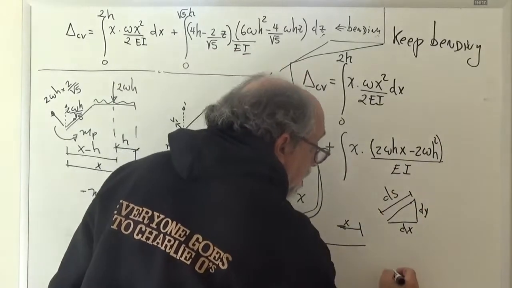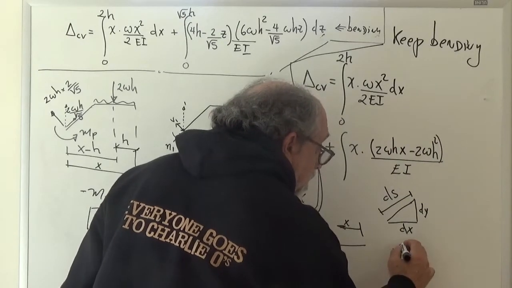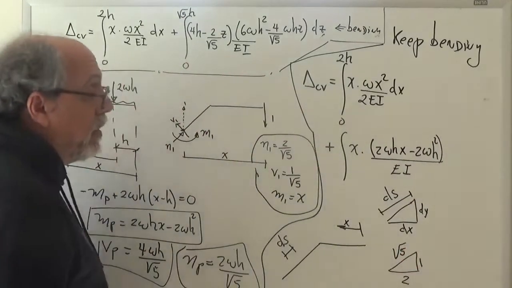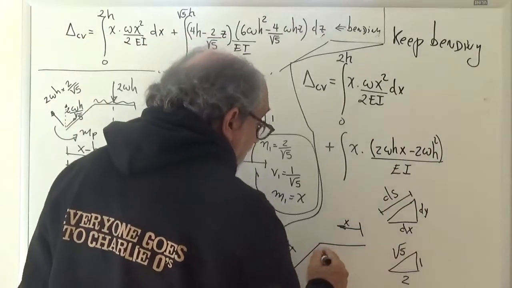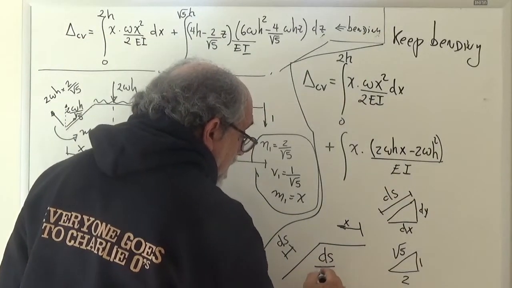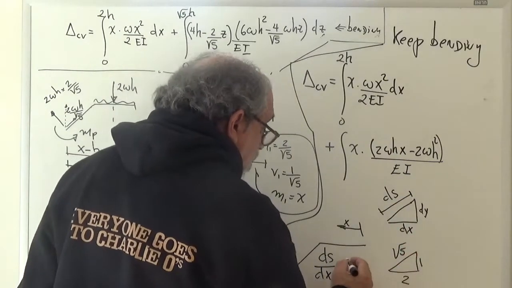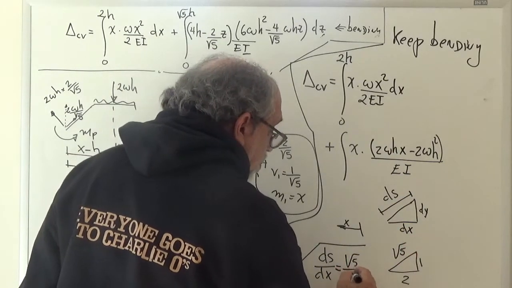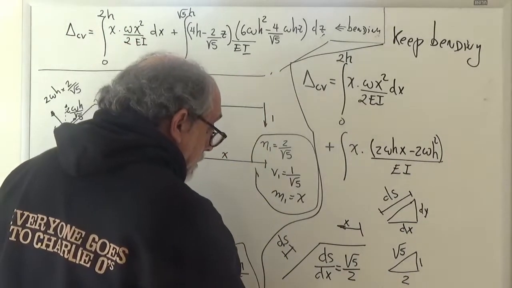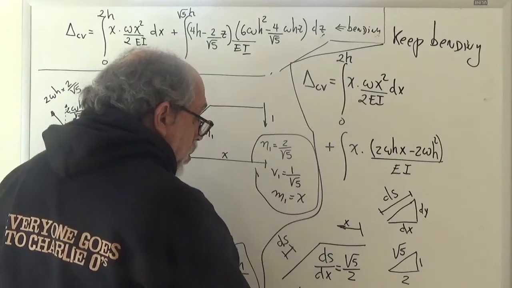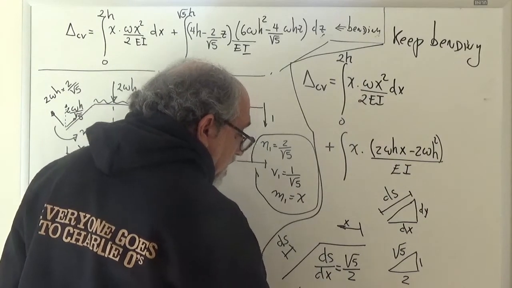That bar, from similar triangles, is 2 to 1 to square root of 5, right? Therefore, ds is to dx as square root of 5 is to 2. And therefore, ds is equal to square root of 5 divided by 2 dx.